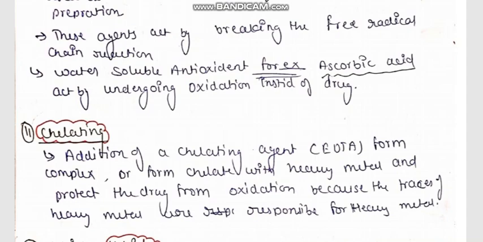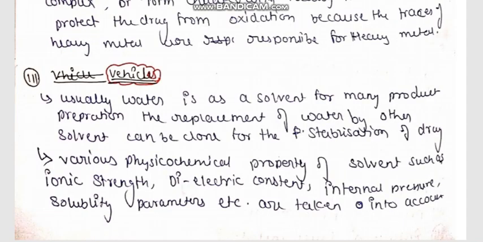Second method is by adding a chelating agent. Addition of a chelating agent, most popularly EDTA, forms a chelate with a drug or a heavy metal and protects the drug from degradation. And last is the solvent. Usually water is used as a solvent in many pharmaceutical preparations.